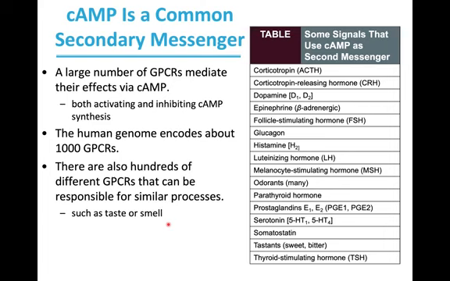Shown in this table are some signals that use cAMP as second messengers. Now, these are ligands that bind to a specific GPCR so as to initiate a secondary messenger like cAMP. We looked at the example of epinephrine binding to the beta adrenergic receptors. Glucagon is another example.